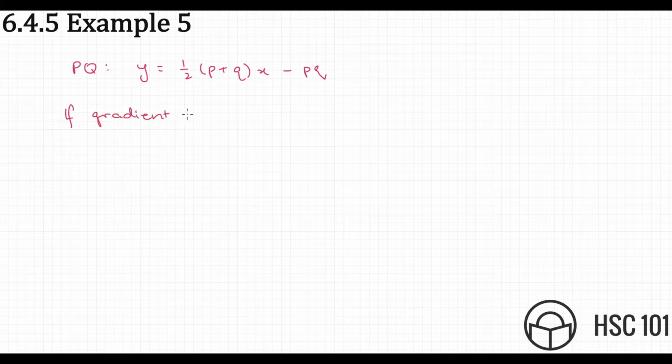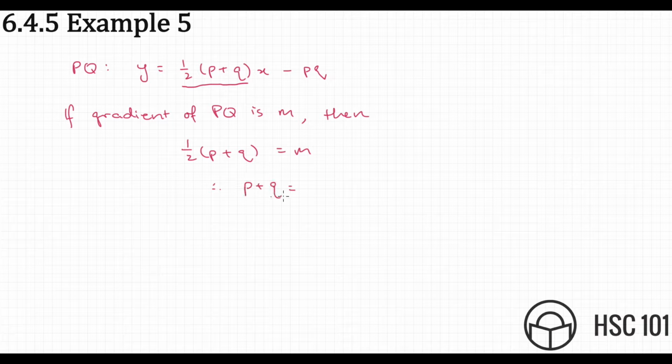If the gradient of PQ is m, then half lots of (p plus q) needs to equal m, because that is the gradient of my chord. Multiplying both sides by 2, p plus q equals 2m.